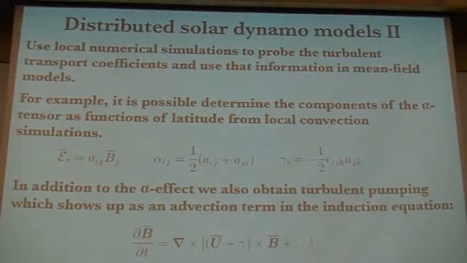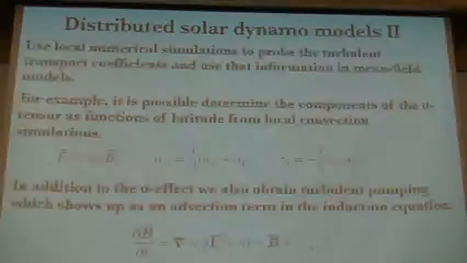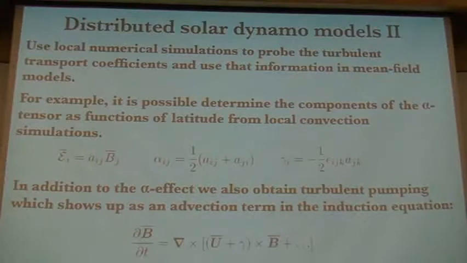We just take a box where we have convection, and then we place it at different latitudes, for example, in the Sun or in some other convection zone. We cannot pretend that these are solar-like situations, of course, because the Reynolds numbers and so on are very much below the solar ones. But at least in principle, we can probe these coefficients by using these local simulations.